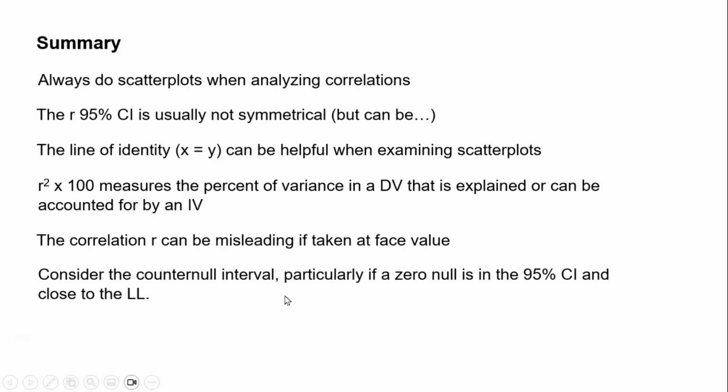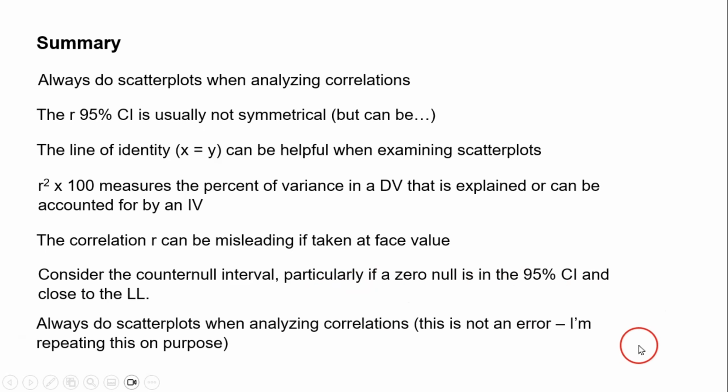And that would be the case for the example of the initial test, final test correlation, and also the example that I just gave you in the last couple of slides. And the last one is always do scatter plots when analyzing correlations. This is not an error. I'm repeating this on purpose.